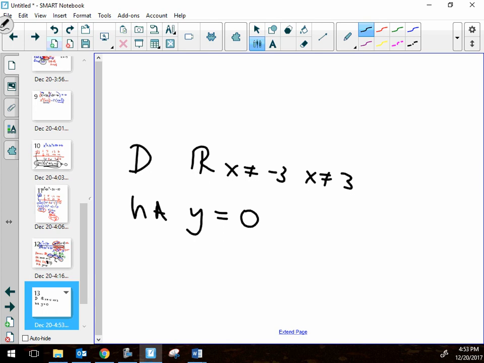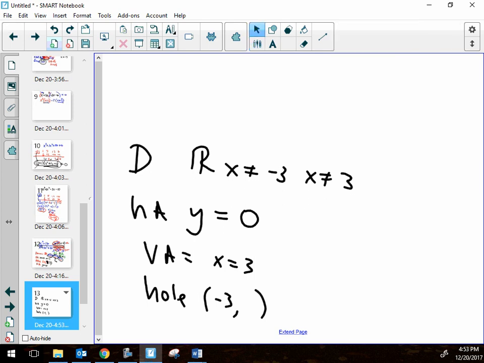Does that mean it's bigger on bottom, bigger on top, or same on both? Okay, anyway, then let's say that the vertical asymptote was at x equals 3. And then, lastly, that there was a hole. And the hole was at negative 3, comma, and I'm not going to tell you what, because that would make your problem actually too complicated.